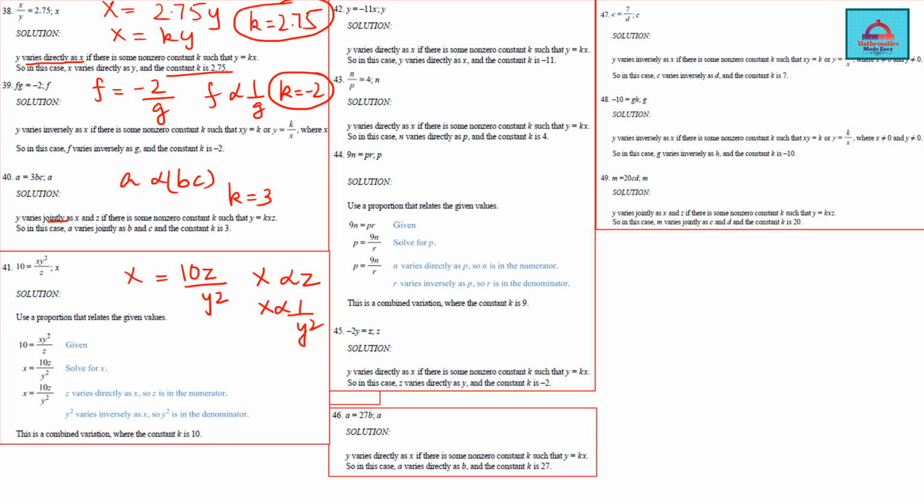So there is a case of both of them. That means this is a question on combined variation. Why combined variation? Because here both direct and inverse are there together in the same question. Therefore, it is a question on combined variation, and your value of k is definitely 10. Next, similarly, you can do question 42, 43 and so on.